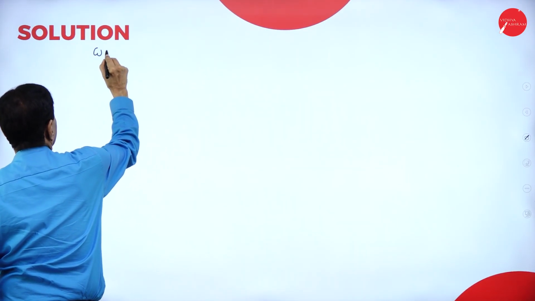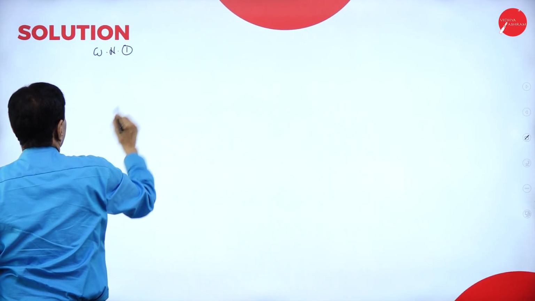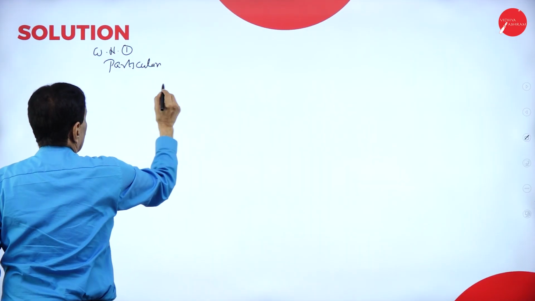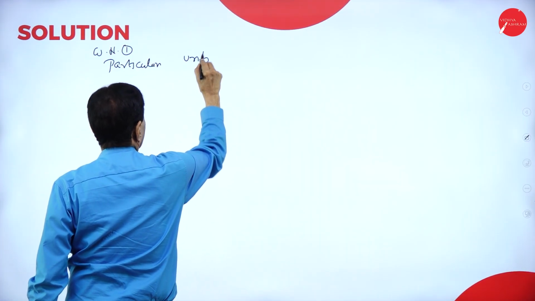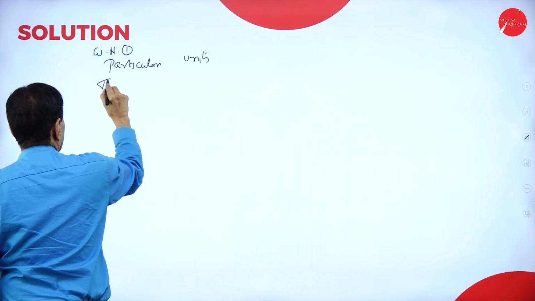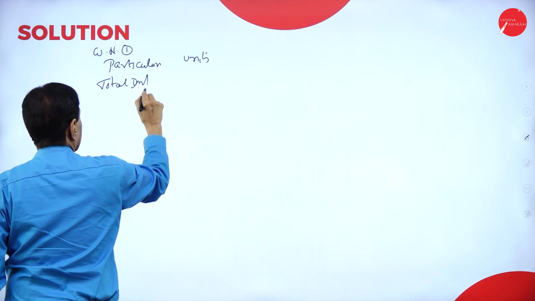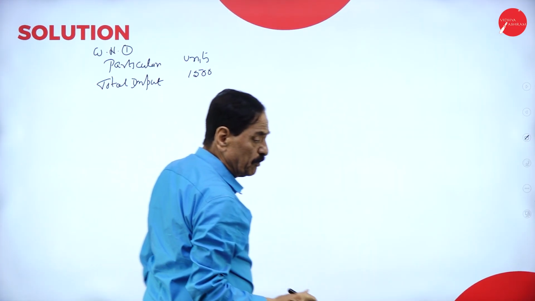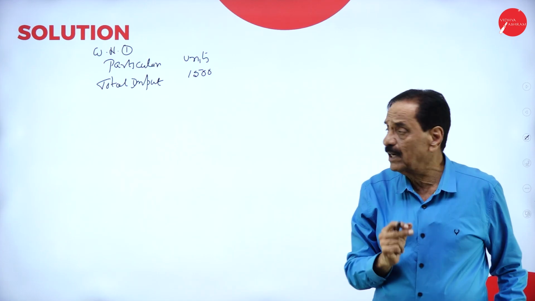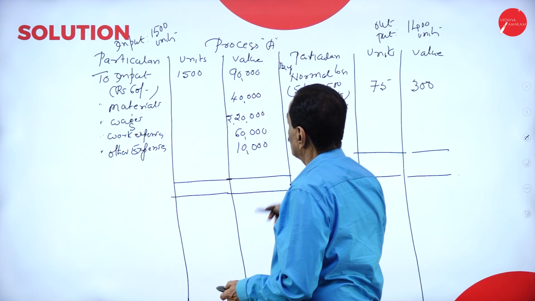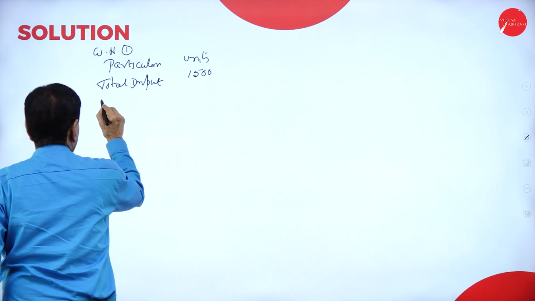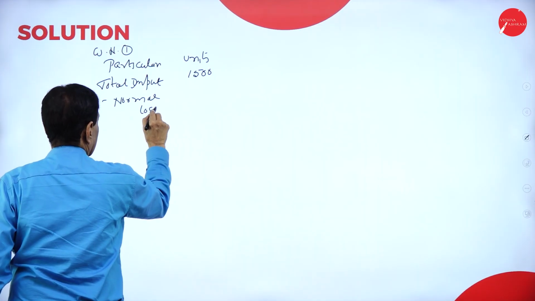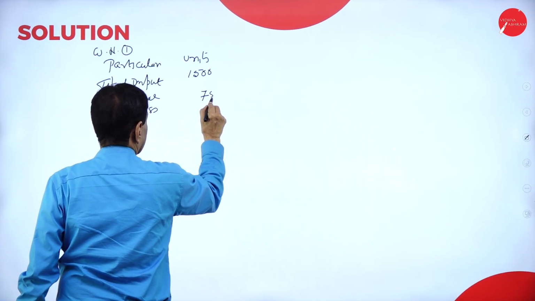Working note number 1. Particulars, units. Total input 1500 units. What's your normal loss? 75, minus normal loss 75 units.